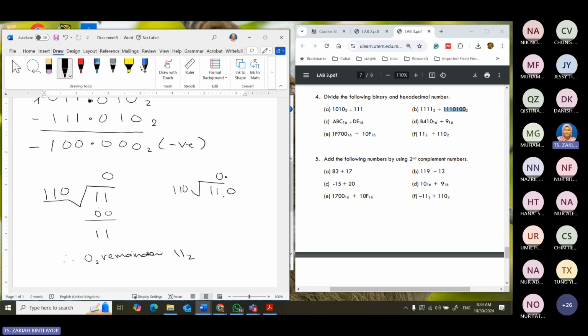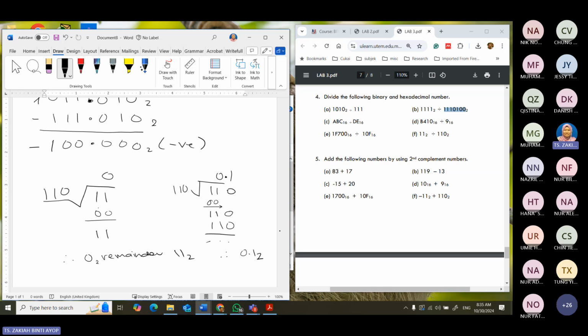So 110, this is a 0, and what we get is 1, and then we put down 0. 110 divided by 110, what will you get? 1. So 1 times 110 is 110. So your final answer is 0.1 base 2.